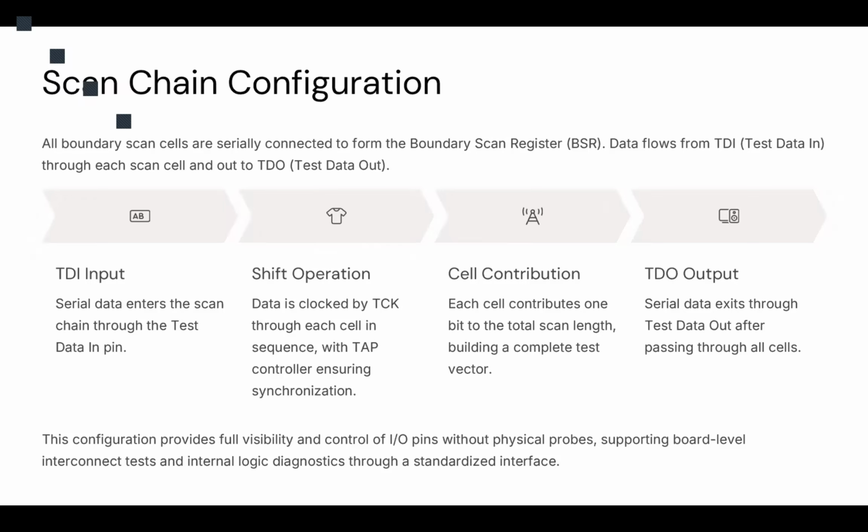The full scan path starts with the TDI that we defined, the input of the whole JTAG configuration, and the data goes through all the scan cells, and then we observe the output as TDO at the end of our configuration.